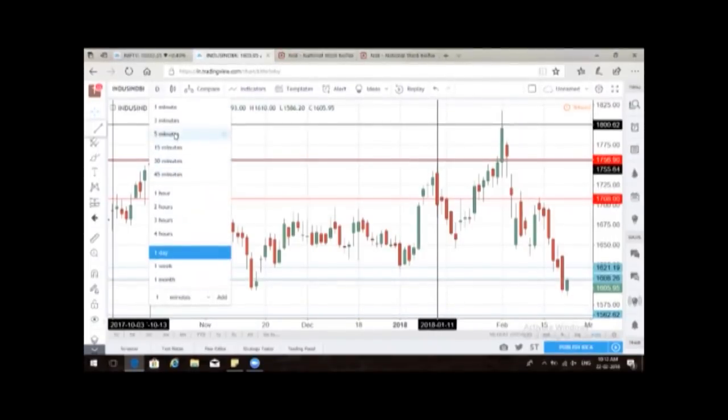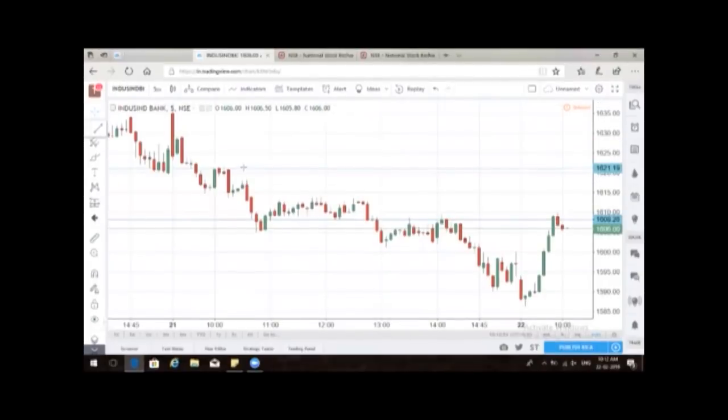If I look at the 15-minute chart, just to understand what's happening in the morning itself: yesterday's close was around 1600. It opens gap down, tries to go down, and then all of a sudden it takes a U-turn. It goes above yesterday's close, and then it pulls itself higher, right? Yesterday's close was around 1595 or so, and today, right from morning, you are seeing around 13 rupees upside from yesterday's close.